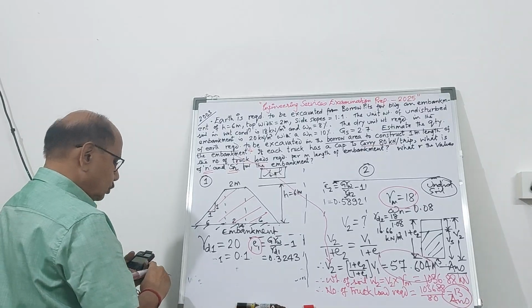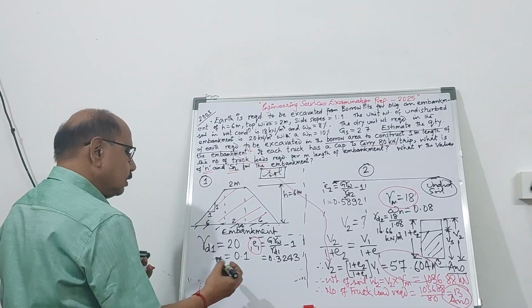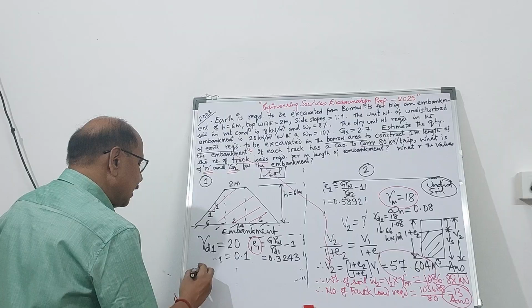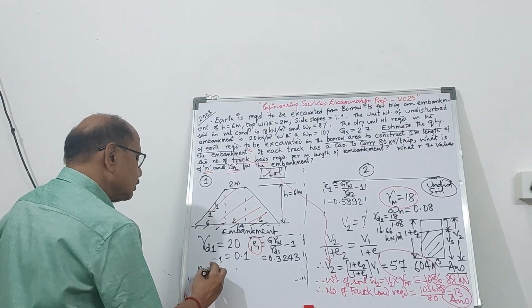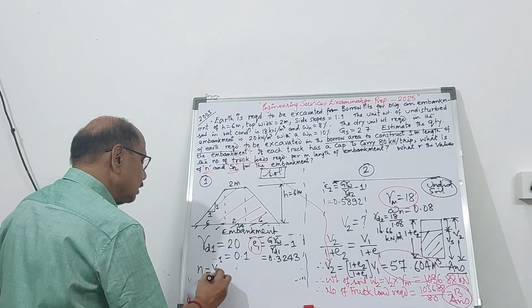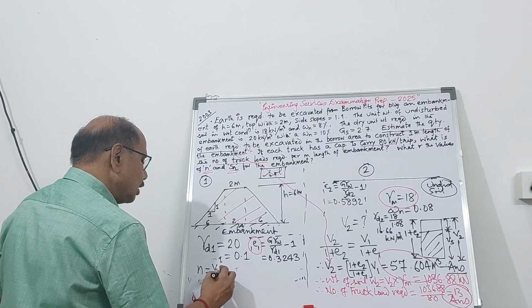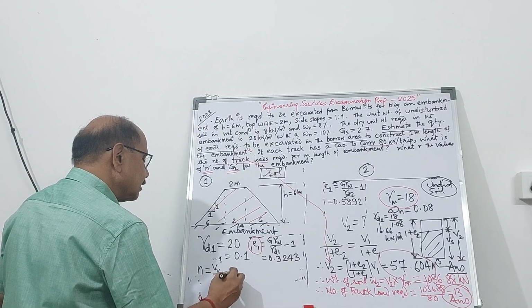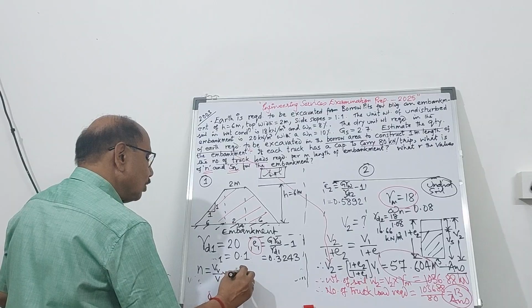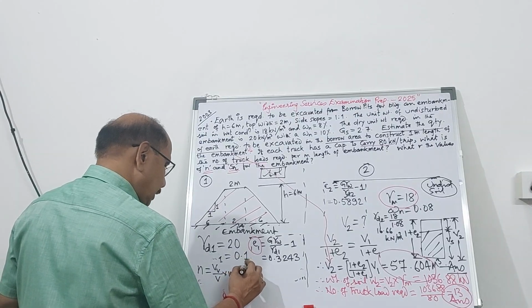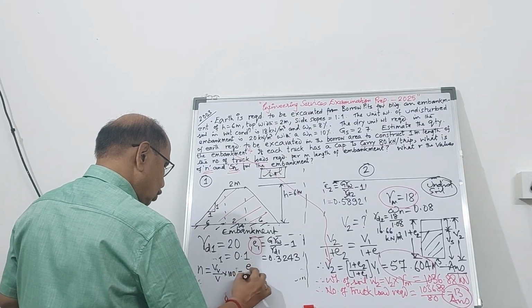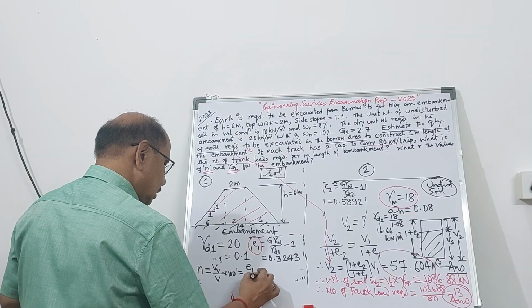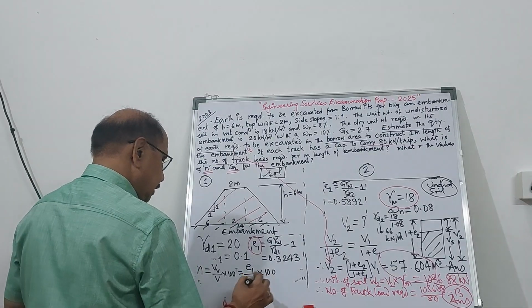We know that the porosity N is volume of void to total volume, expressed in percentage. Volume of void is E1, total volume is 1 plus E1, multiplied by 100.